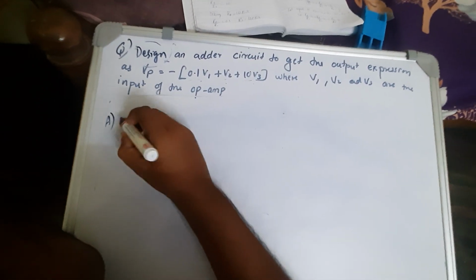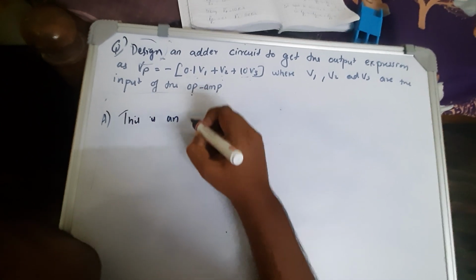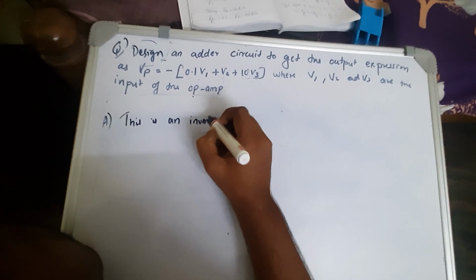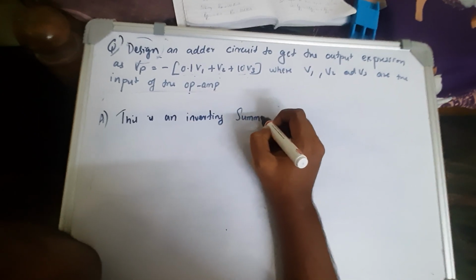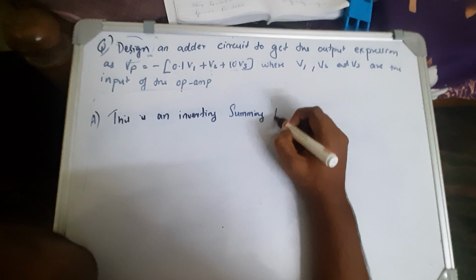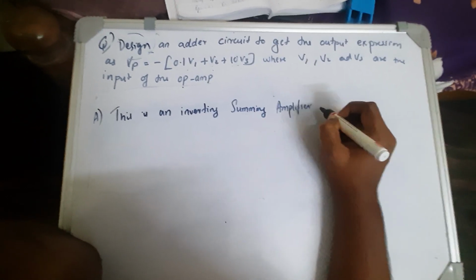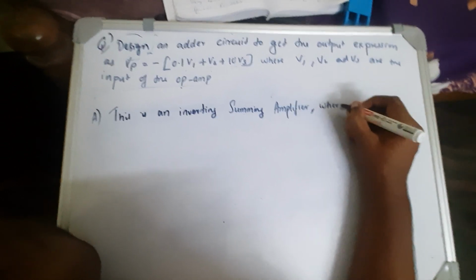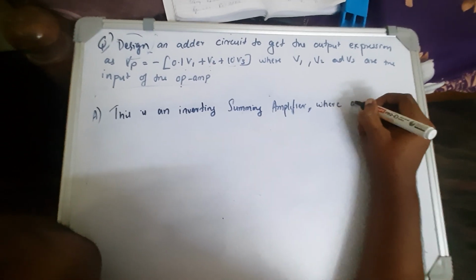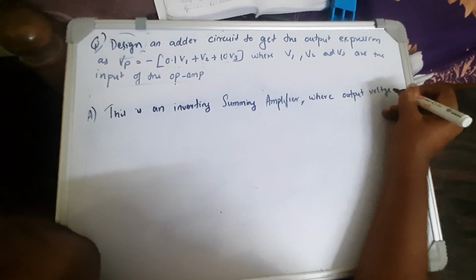So let's state that this is an inverting summing amplifier. In an inverting summing amplifier, we can write the expression for the output voltage.